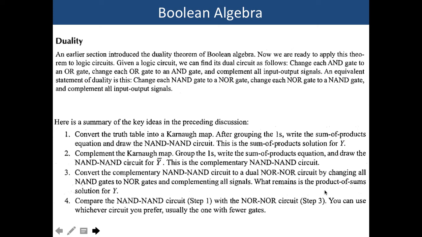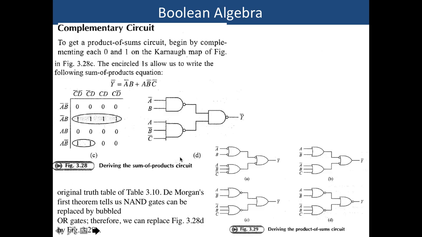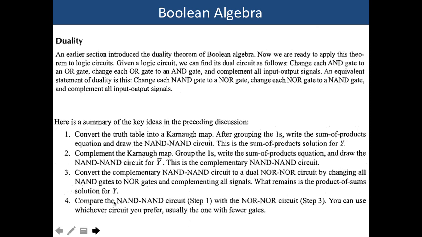What remains is the product of sums solution for Y. Okay, from this to this. Compare the NAND circuit of step 1 with the step 3 NOR circuit. You can use whichever circuit you prefer. Usually the one with fewer gates we will use, the simpler circuit.